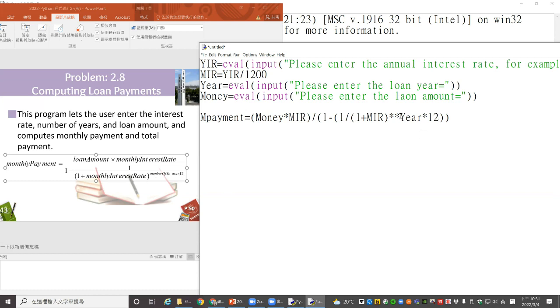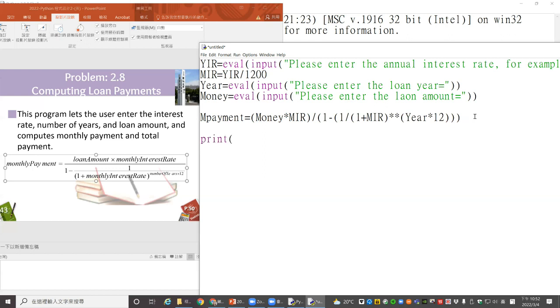So we have to provide the parentheses here. Otherwise you don't know, it maybe will exponential year, and then finally multiple 12. Then the answer will be correct. Okay, so I think I made the formula correct. Then we will try to print.